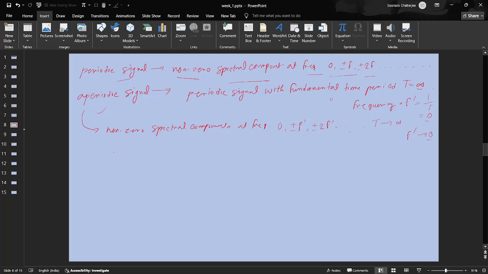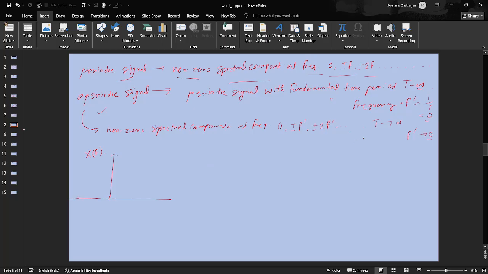But what happens for the aperiodic signal here? Let's say X(f) is the frequency domain representation of an aperiodic signal x(t). They are still going to appear as per our understanding at 0, plus minus f dash, plus minus 2f dash. But what do you think the key difference is going to be compared to a periodic signal?